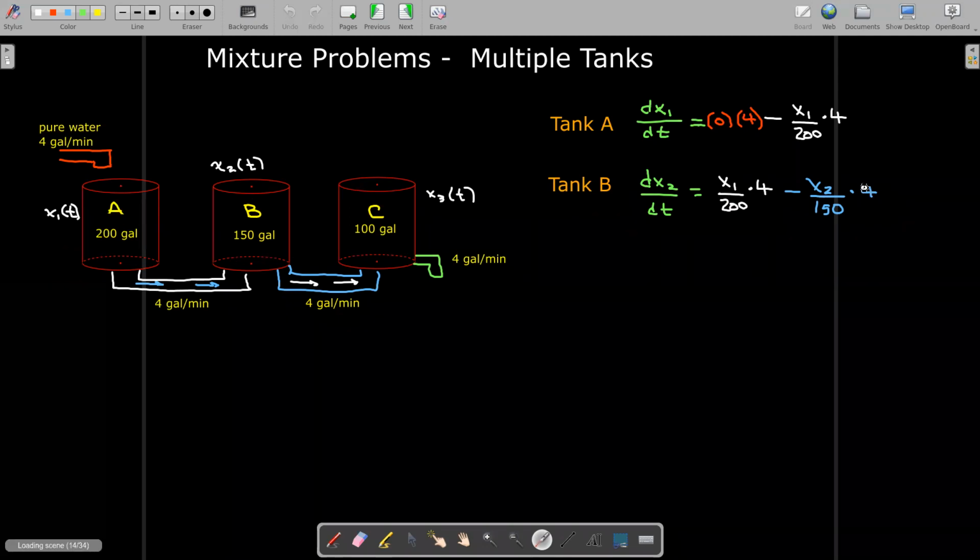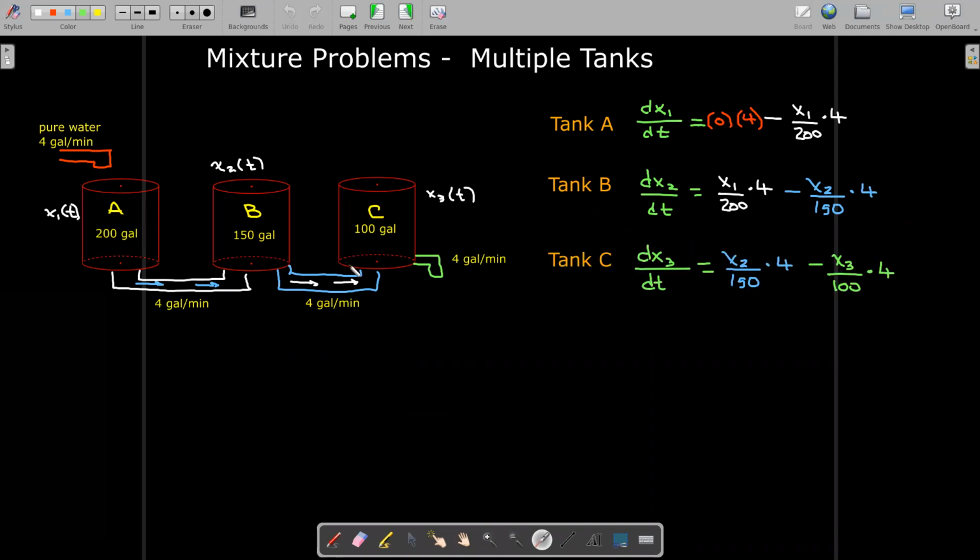That concentration gets multiplied by 4 gallons per minute. And in tank C, what's coming into tank C is what is going out of tank B, so we see this blue term again: the amount of salt in tank B divided by its volume multiplied by the flow rate.